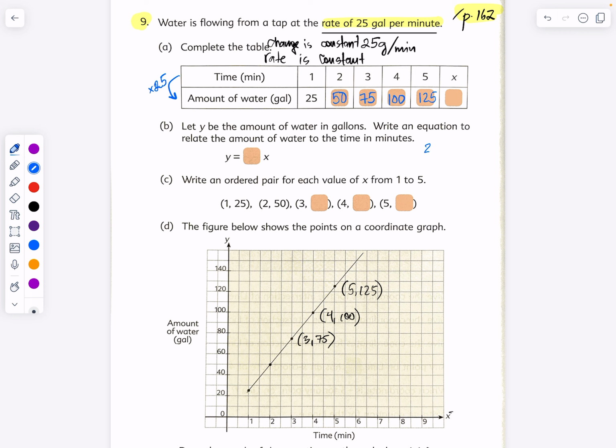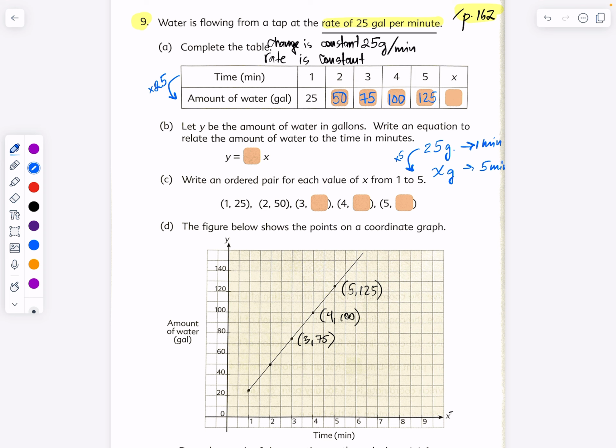Because we have 25 gallons in 1 minute. Remember unit rates? Therefore, how many gallons are we going to have in 5 minutes? Well, the time increased 5 times, therefore the quantity will increase 5 times.